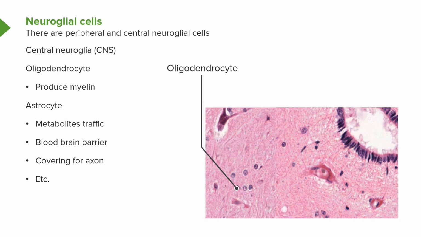Well, another very important glial cell is the astrocyte. It has a number of different jobs that I've listed there on the slide, but most importantly, they form part of the blood-brain barrier. When I talked about epithelia, and I mentioned simple squamous epithelium forming a barrier, it does so in the brain.